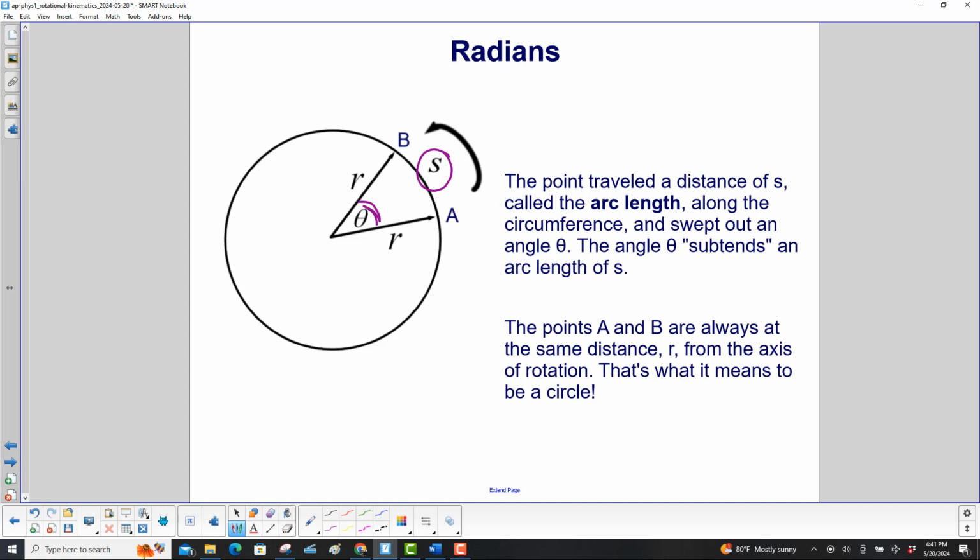Moving from A to B consumed that much of the angle. We call that the angle theta subtends an arc length of S. The points A and B are always at the same distance r from the axis of rotation. That's what it means to be a circle.